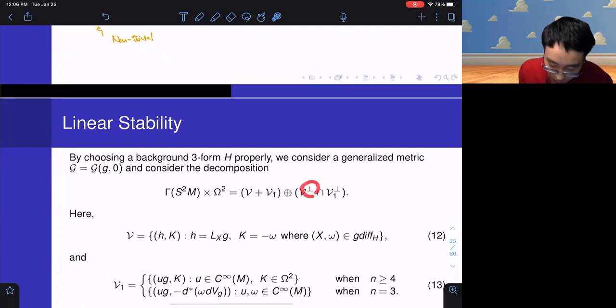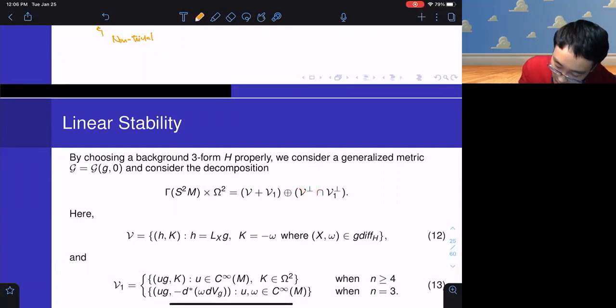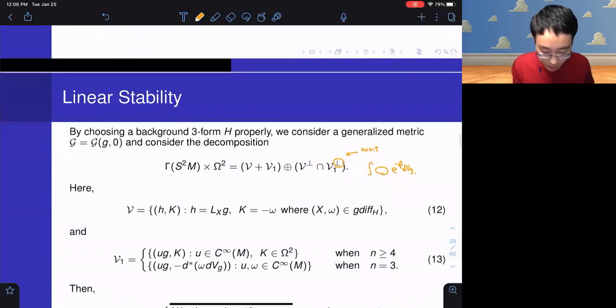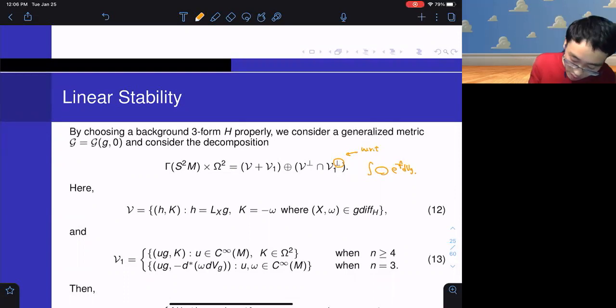Again, this complement is with respect to the inner product of e to the minus F dVG. Here V is coming from L_X g and K is minus omega, where X and omega come from the GDF H part. So actually, this is the image of D_F plus star. This is the trivial part.